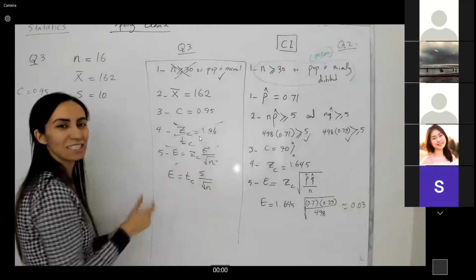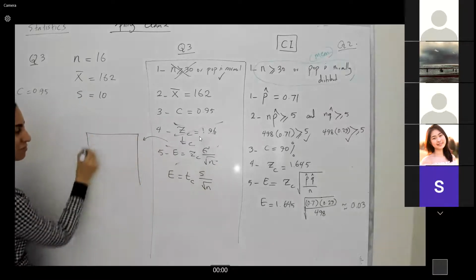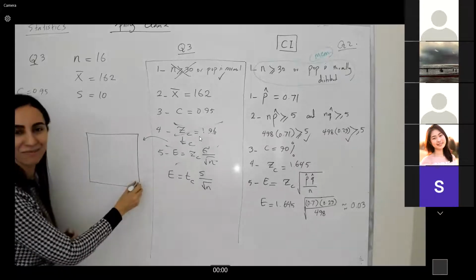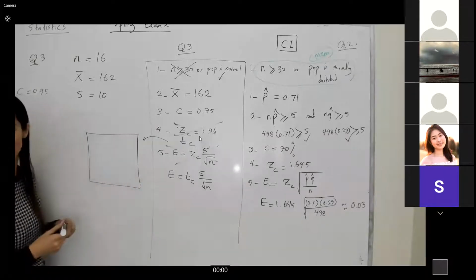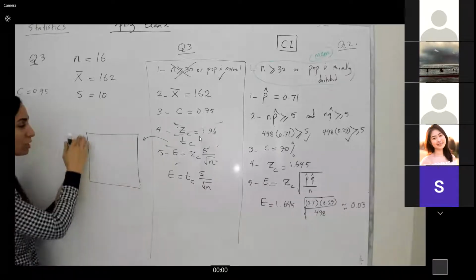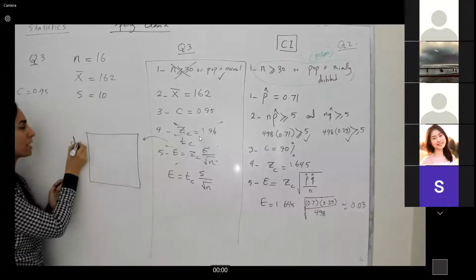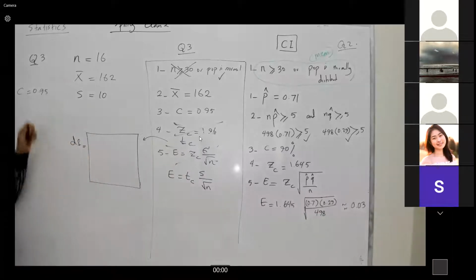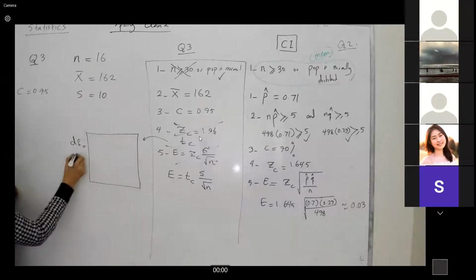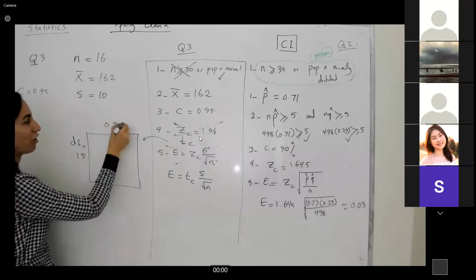So to find TC, what are we going to use? I'm waiting on you guys. T-distribution table. Very good. So what is on the left-hand side? Degrees of freedom, which is equal to, in this case, 15. 16 minus 1, 15. And C is 95%.